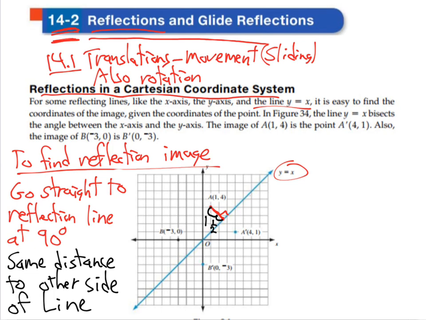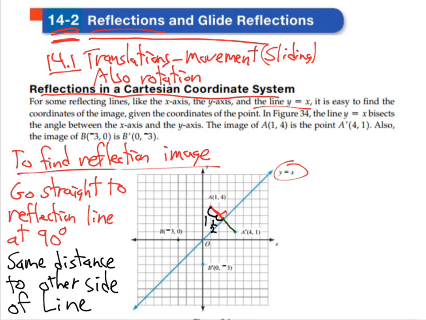The first one's a whole diagonal square, and the second one's only half a square. So it's gone 1.5 diagonals, one whole diagonal and half a diagonal to get to the line. So it'll go a half and 1 on the other side.